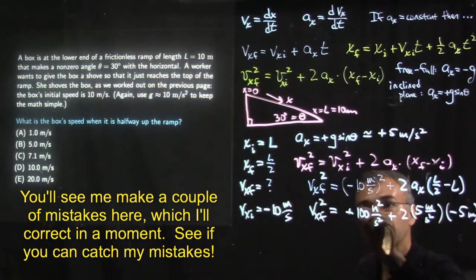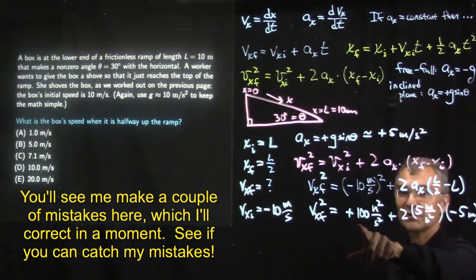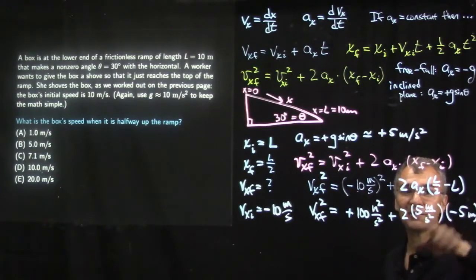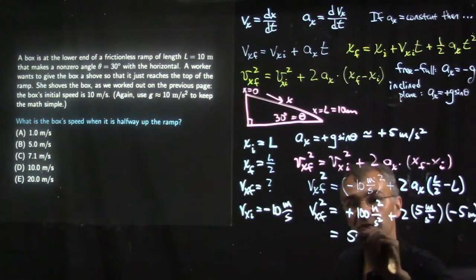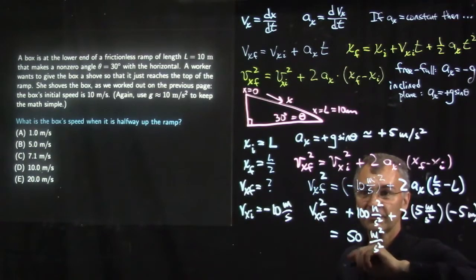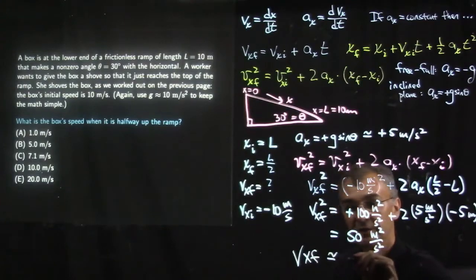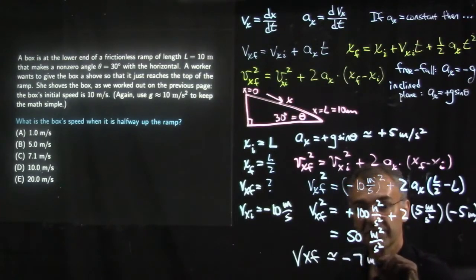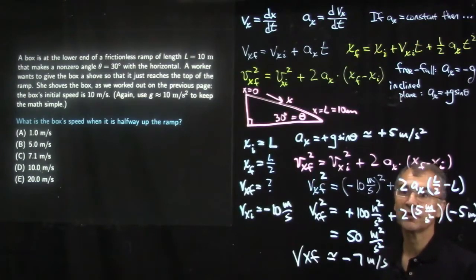Also, when you square minus 10, you get plus 100. That's good. So there's 100 meters squared per second squared minus 50 meters squared per second squared. So this is 50 meters squared per second squared. So that tells us, I think, that Vx final is, and it's moving uphill, so it's approximately minus 7 meters per second. 7 squared would be 49, might be 7.07.